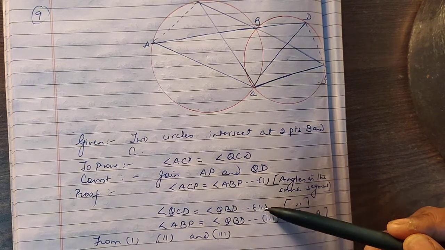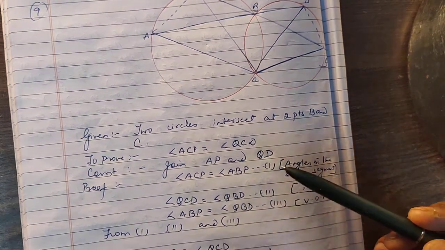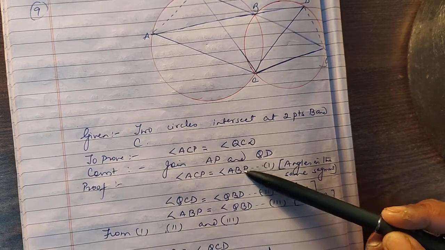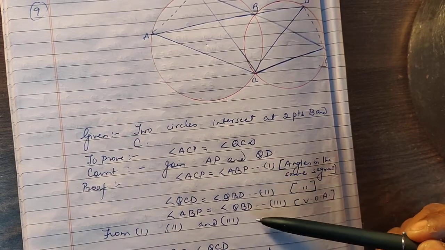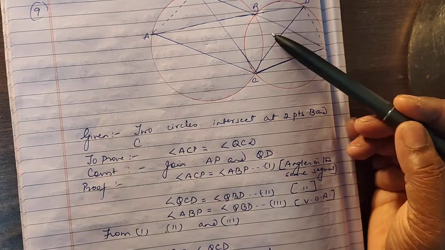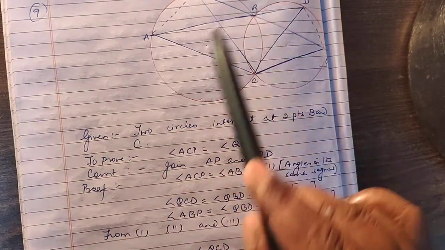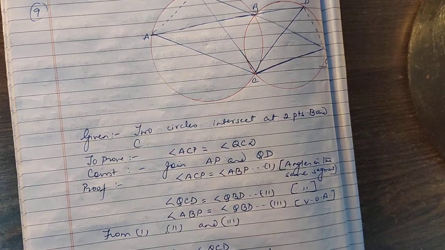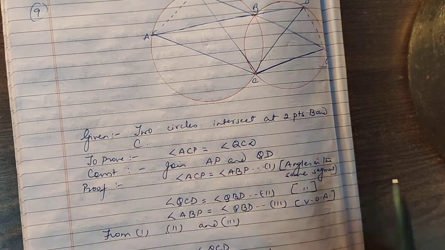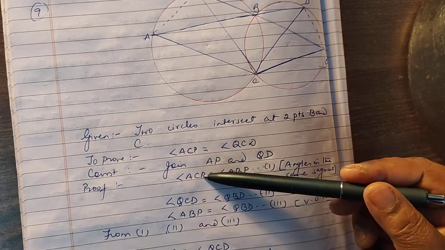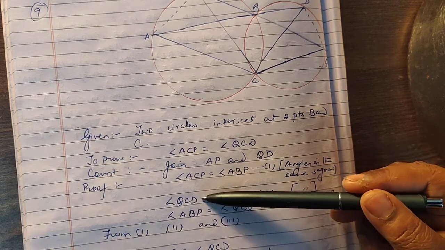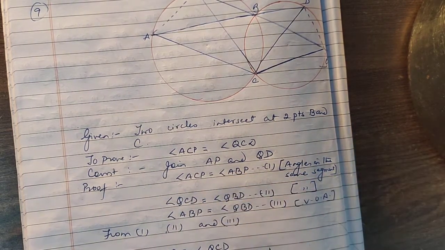Now when you see first and second, what do you find? That angle ABP is equal to angle QBD. Again, why? Because they are vertically opposite angles. Now from 1, 2 and 3, what do we find? That angle ACP is equal to angle QCD. Hence proved.